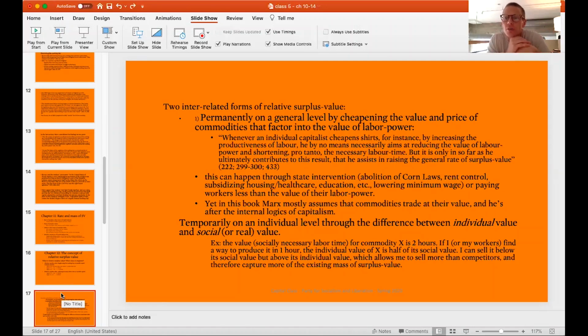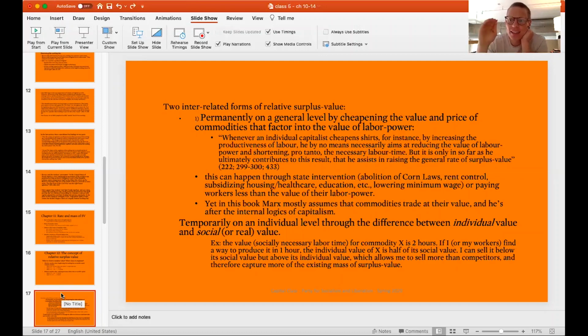So assume that the socially necessary labor time required for commodity X is 2 hours, right? But if I come up with a technology that can reduce it to 1 hour, then the social value is still really 2 hours, but the individual value is 1 hour. So I can try to sell it still at the value of 2 hours, right?